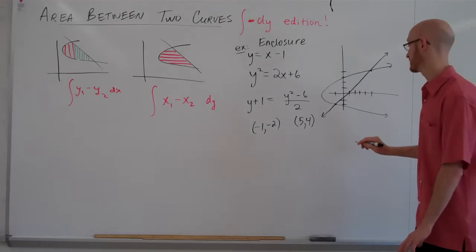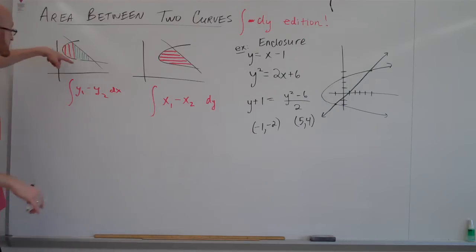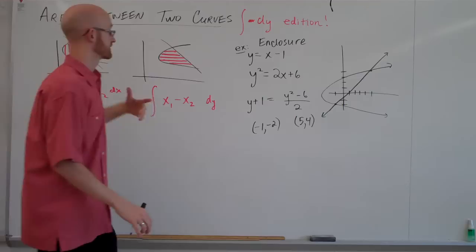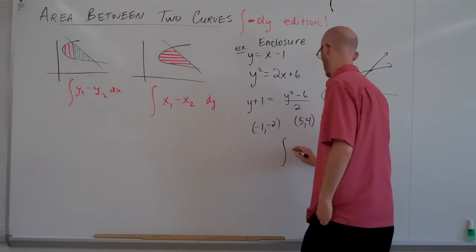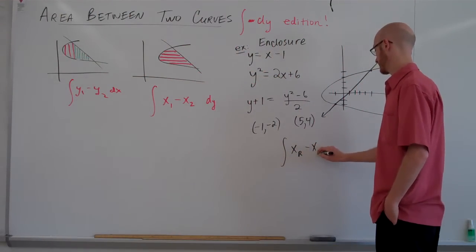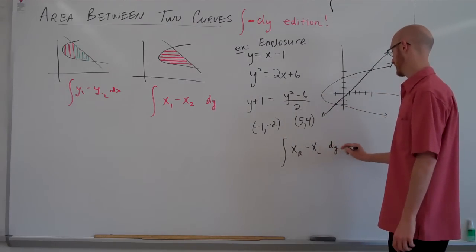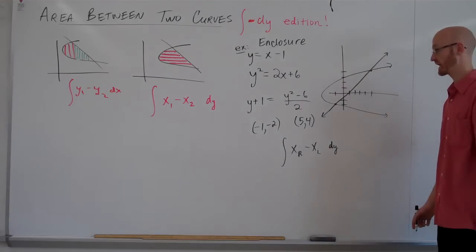Now, what we need to do is think about this as before. If we were to approach this as a dx problem, we would use the higher y value minus the lower y value. So in this case, think about integrating the rightmost x value minus the leftmost x value, because the rightmost x values will be larger with respect to y.